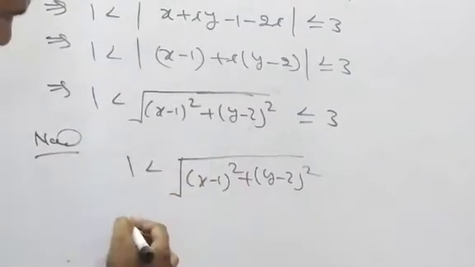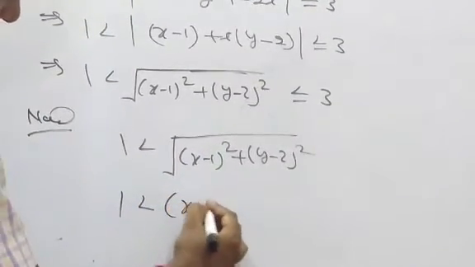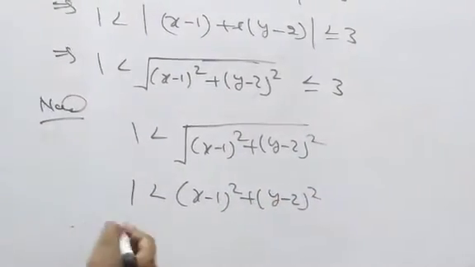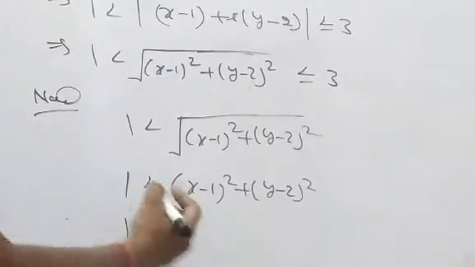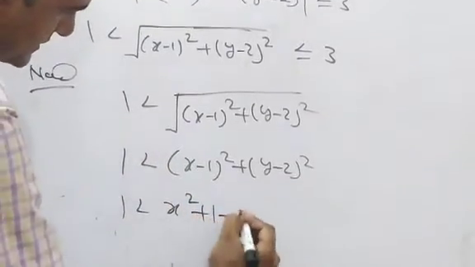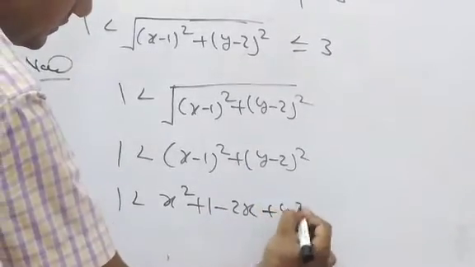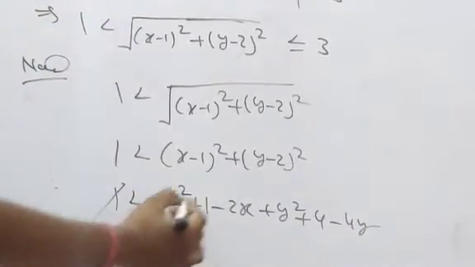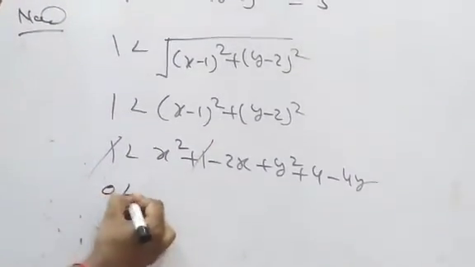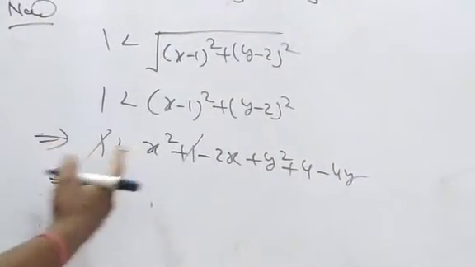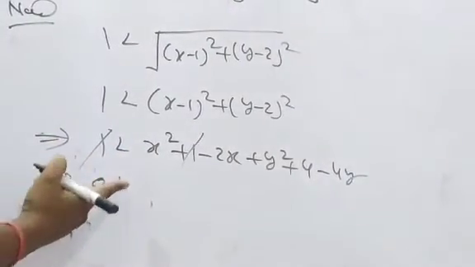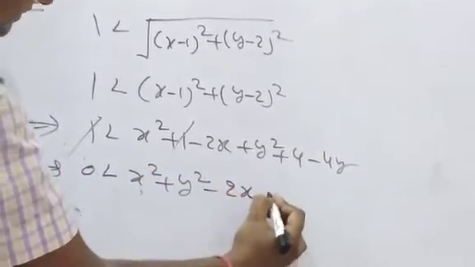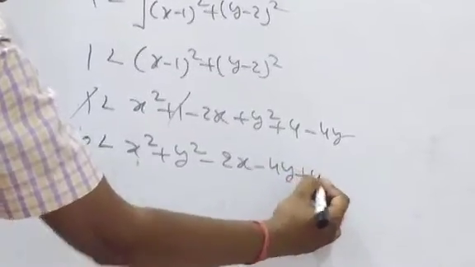Now squaring both the sides, x minus 1 whole square plus y minus 2 whole square, 1 is less than or equal to what? x square plus 1 minus 2x plus y square plus 4 minus 4y. 1 cancels with this 1. 0 is less than x square plus y square minus 2x minus 4y plus 4. Understood?